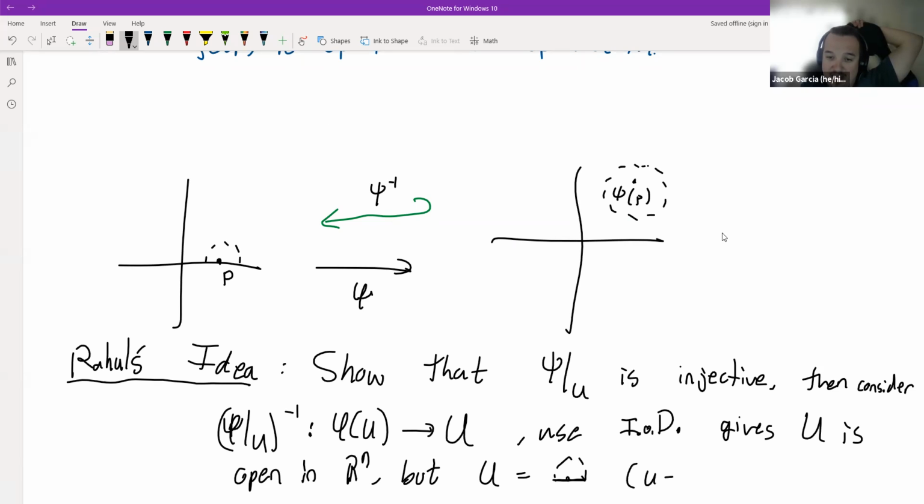So you could argue that U is not equal to the interior of U, or U contains limit points, or you could just look at it. I mean, it's just obviously not open. Yes, it's obviously not open. And at this point, Wilhelm's just going to be happy that you used invariance of domain.